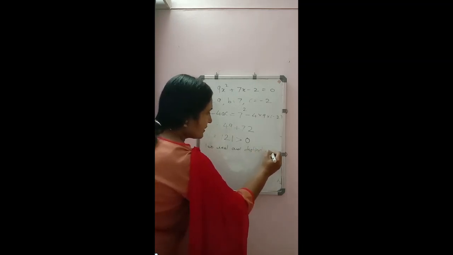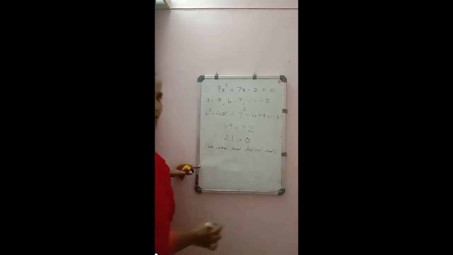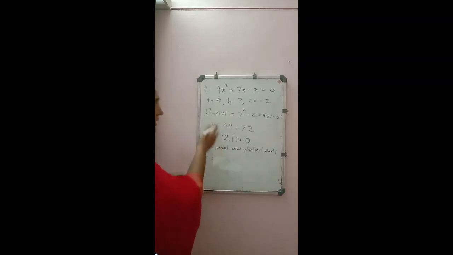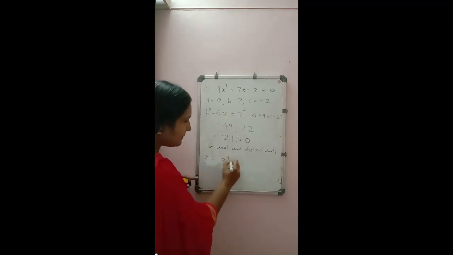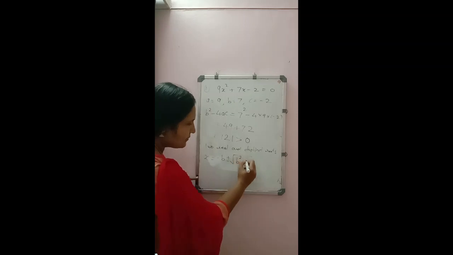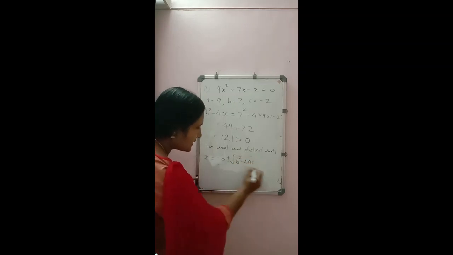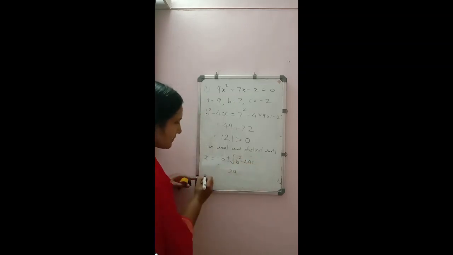Now in case of real roots, we have to find out the solution there. So now we can find out using the quadratic formula, because we have already calculated the value of b square minus 4ac. x is equal to minus b plus or minus square root of b square minus 4ac by 2a. Just to substitute the value, b is equal to 7.